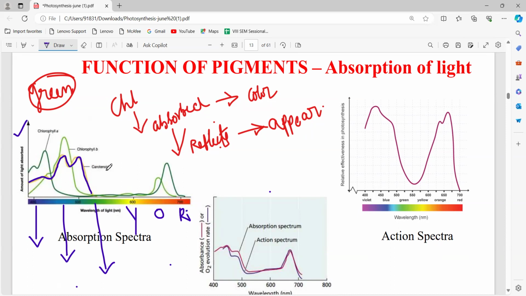The best example of a carotenoid is lycopene, which is present in the tomato. So why is the tomato red in color? Because the lycopene carotenoid is reflecting the red light at higher fractions. It won't absorb even a little fraction of the red light. It completely reflects it. That's why the tomato appears red in color.